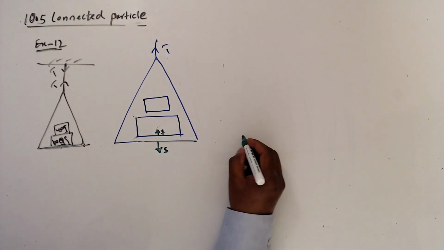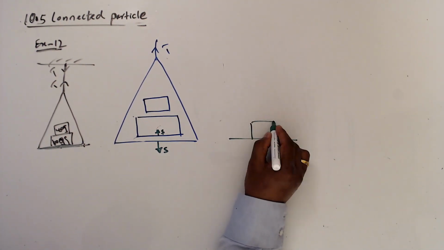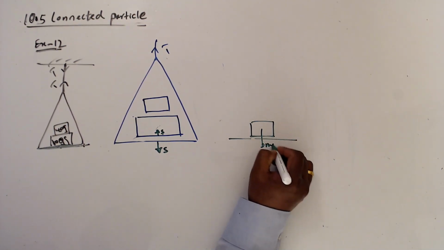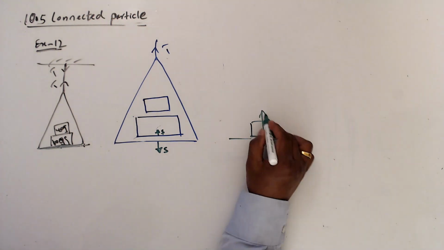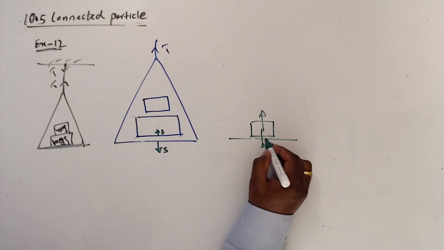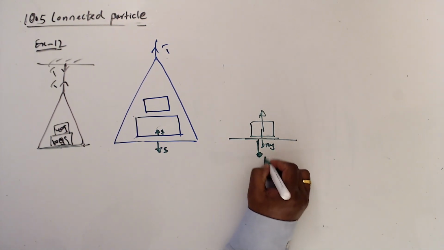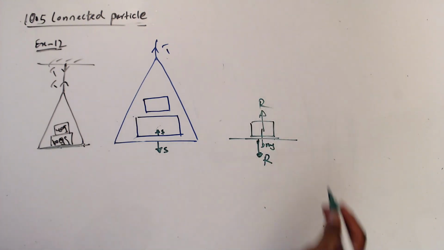So when you keep the particle on the rod with mg, you mark this R, but usually we don't mark it on the surface. I told you in my first discussion that there should be R on the surface as well.